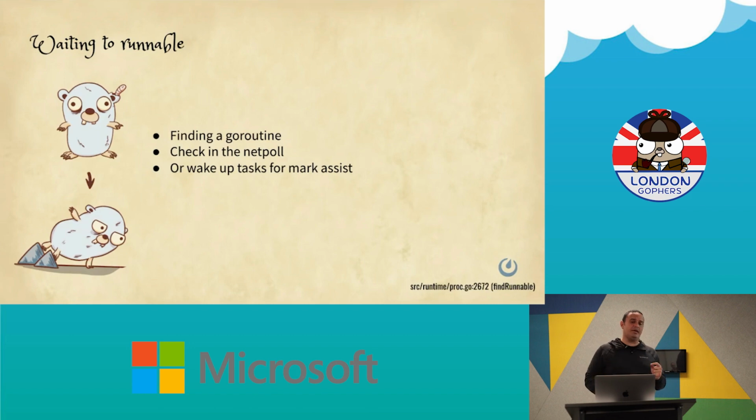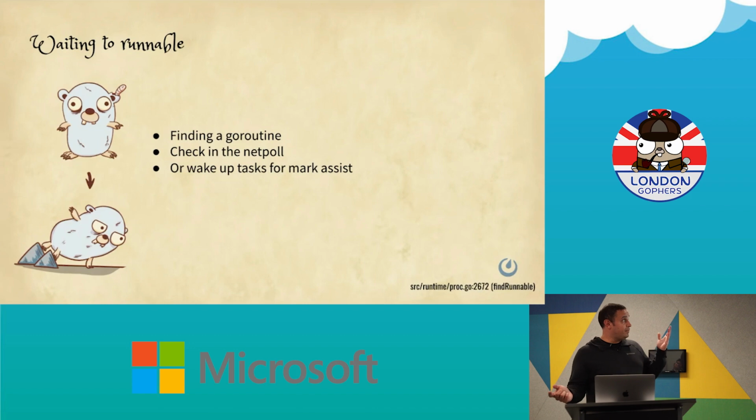Another place where you can change from waiting to runnable is whenever you are trying to find a Goroutine. One of the things it does is check the netpoll, and the netpoll has waiting Goroutines that are waiting for the netpoll to finish. But whenever it finishes, it doesn't go directly and make the Goroutine runnable again right away.